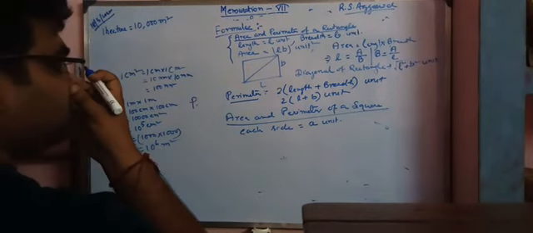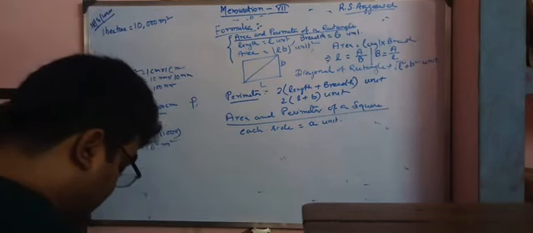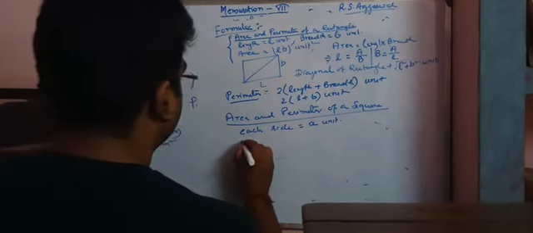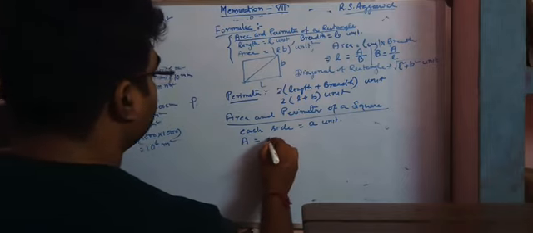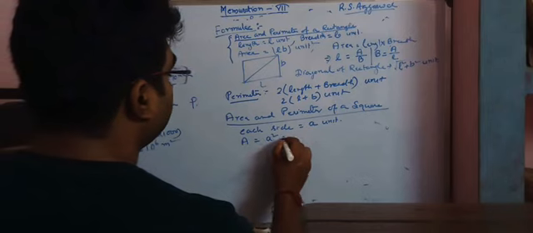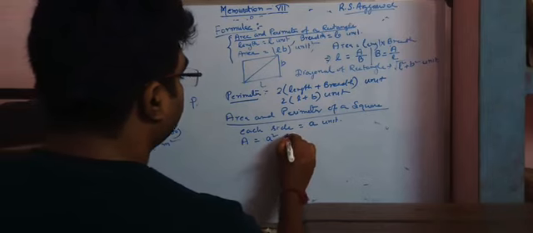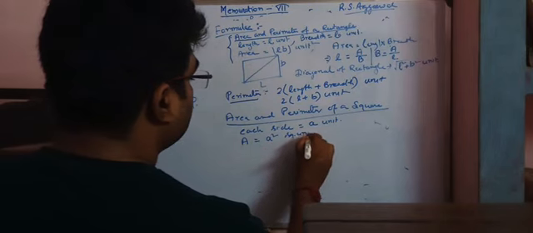For a big region it should be kilometer. Now the area A should be A square, A into A, means side square, so square unit, okay.